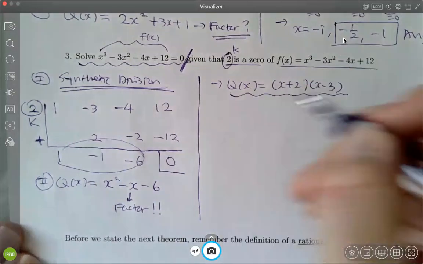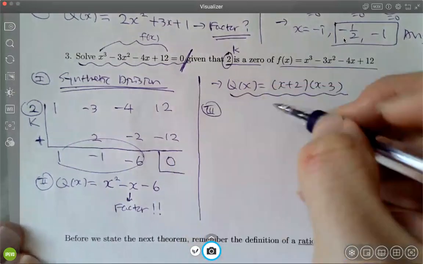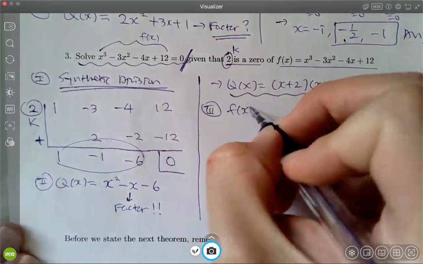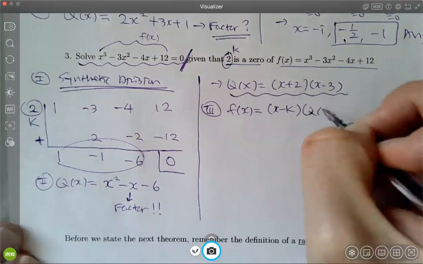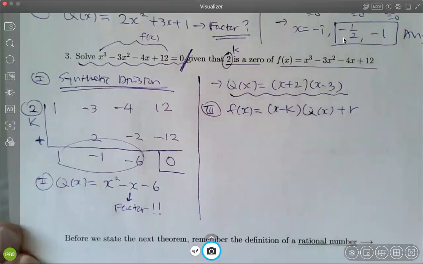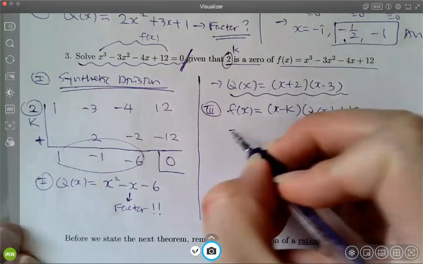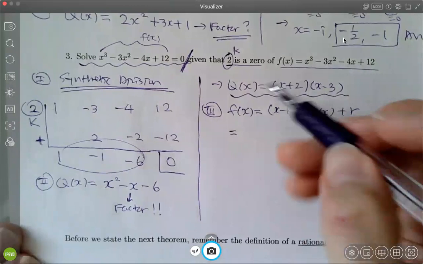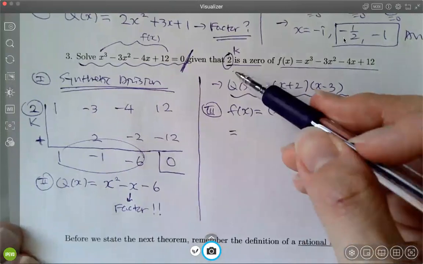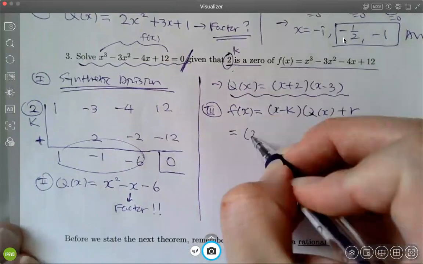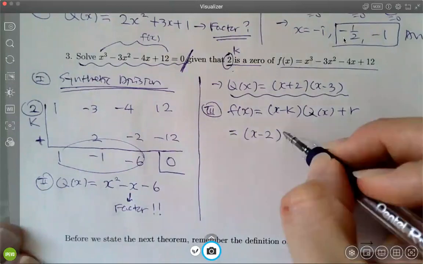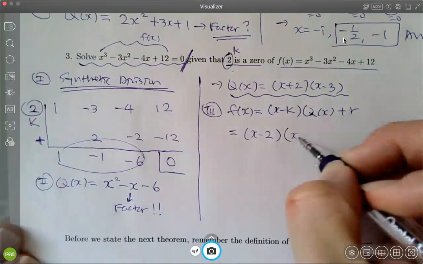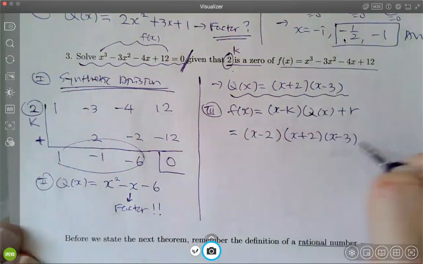So now we revisit this fact here: f of x equals x minus k times q of x plus r. And what is x minus k? So k was 2, so x minus k would be x minus 2. And then the quotient, x plus 2 times x minus 3, and then the remainder is equal to 0.